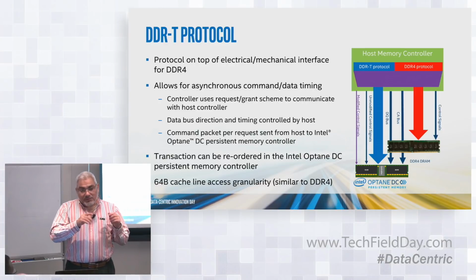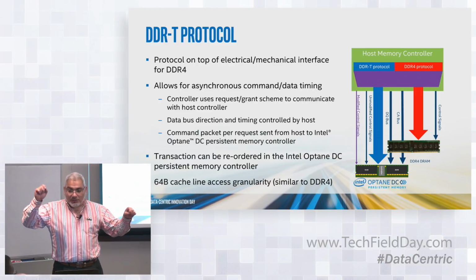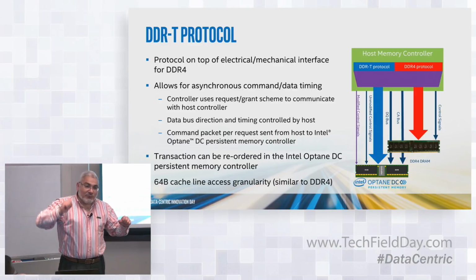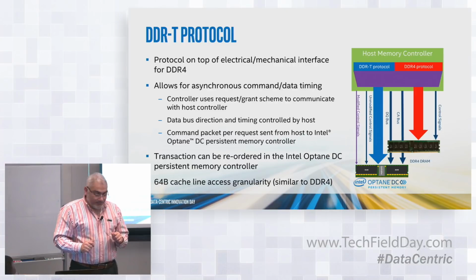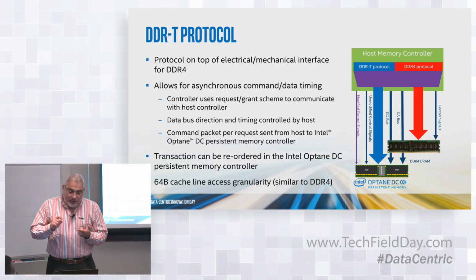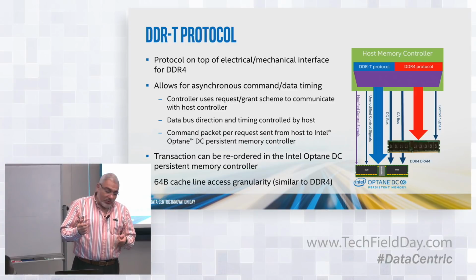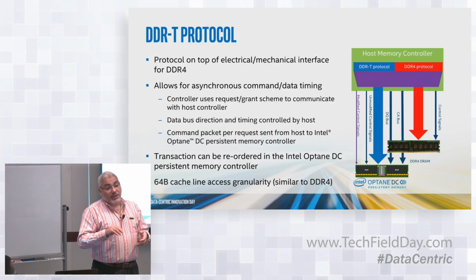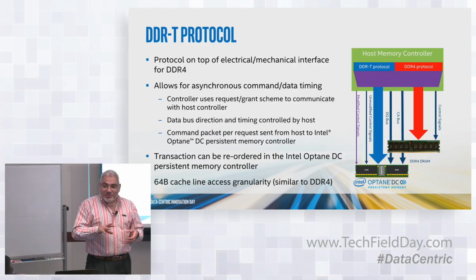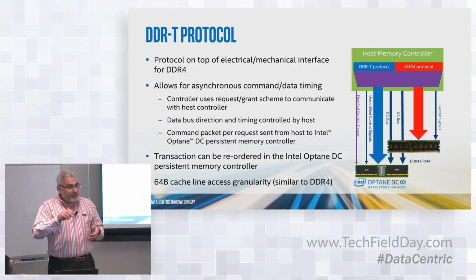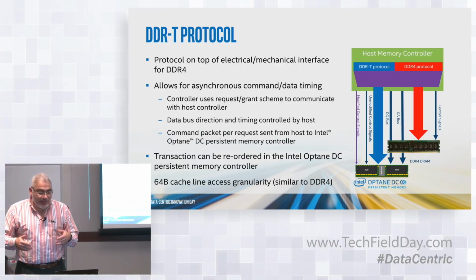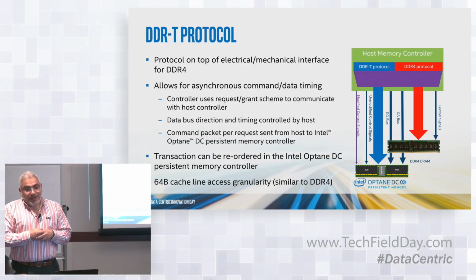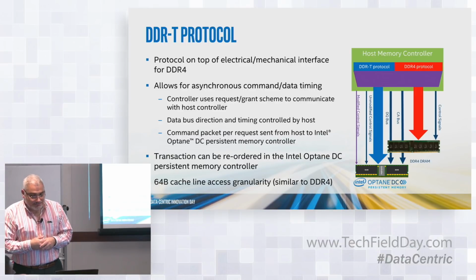These signals are point-to-point from the CPU to the Optane DCPMM, so the other DDR4 DIMMs sitting on the bus don't see them. The transactions can be reordered. Unlike DRAM, the host CPU does not micromanage Optane DCPMM. It just tells it, I need this data, and whenever it's ready, it gets back. It can come back in order or out of order. It doesn't matter. And it's 64-byte accessible the same way DDR4 is.